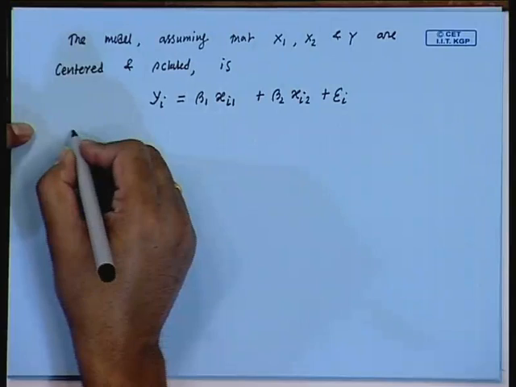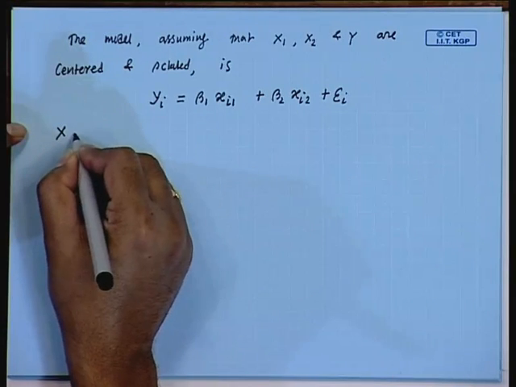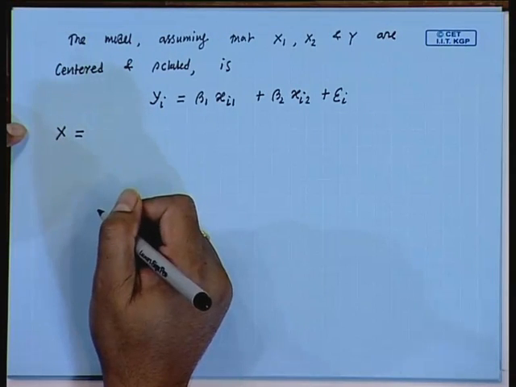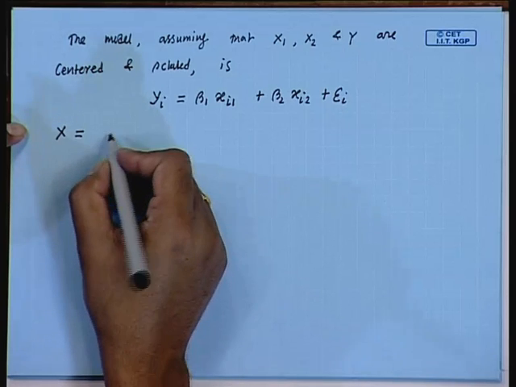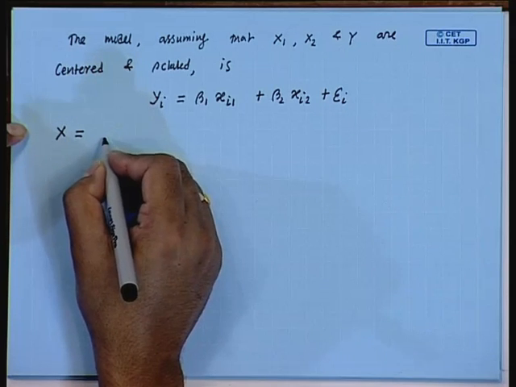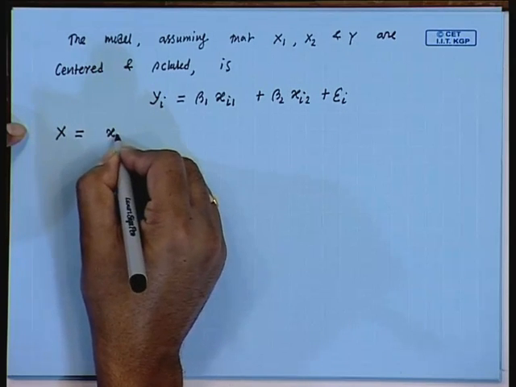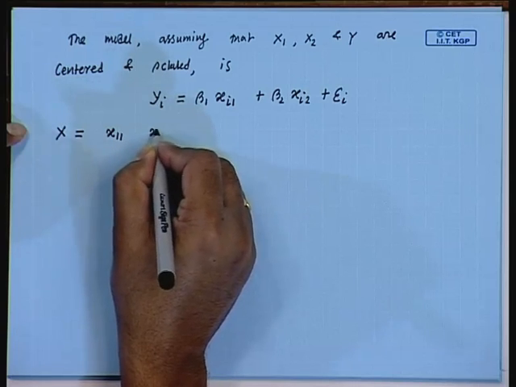Well, so now next we will write down the X matrix for this model. So, the X matrix is equal to, basically it is, x11, x12.